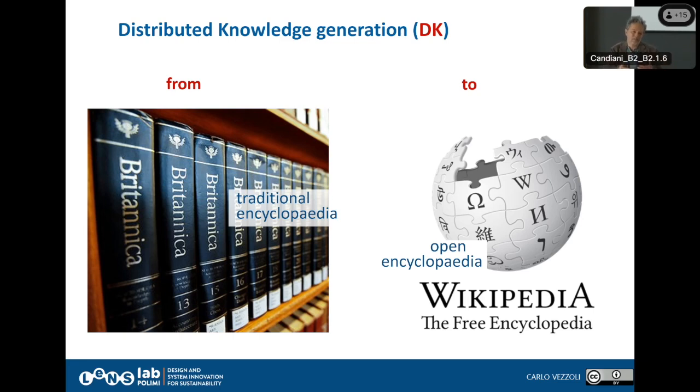For example, in the chapter related to design for sustainability, I can give my contribution, and this will be on the Wikipedia structure that is, as you know, open access, but is built in a distributed way, okay? By different persons.